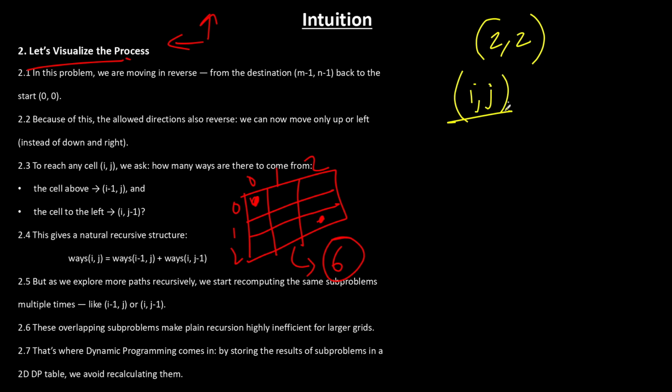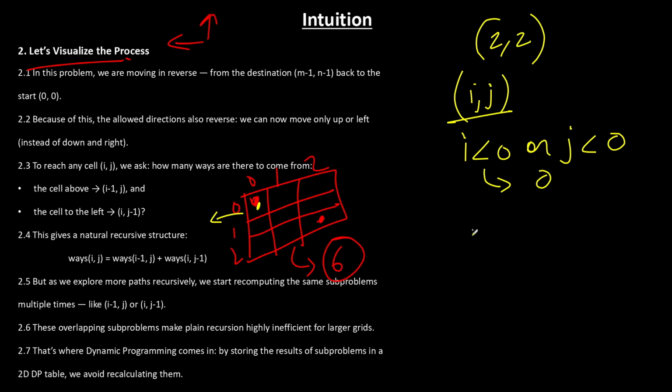Definitely, since it's a 2D array, if i becomes less than 0 or j becomes less than 0, what should happen? Suppose you are standing somewhere here, and i is the row. If the row is out of bounds, will you calculate out of bound things? No, right? So for that we will return 0.